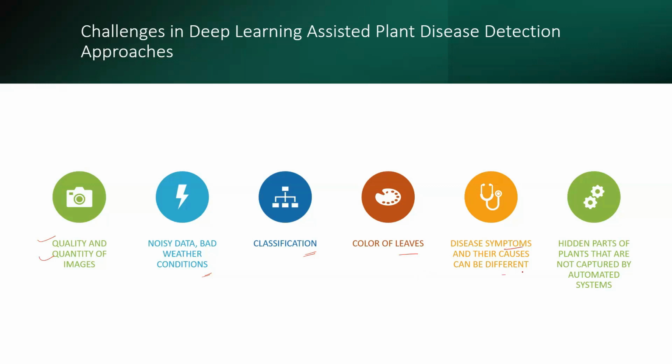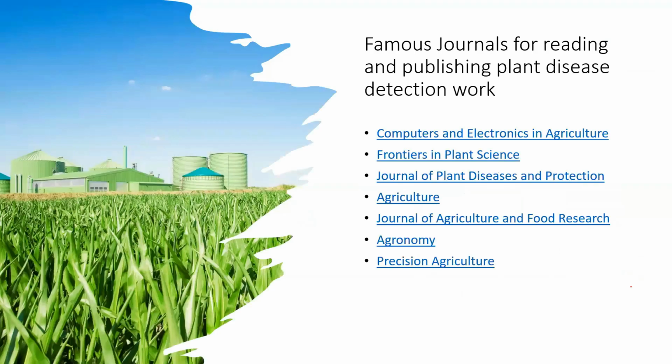Symptoms can differ by disease as well as by region, like I discussed Punjab, Rajasthan, Haryana, Telangana. So you can select regions as well as plants. You can then identify hidden parts of a plant that are not captured by automated systems. Manual inspection of such things is also important, and you can capture some images.